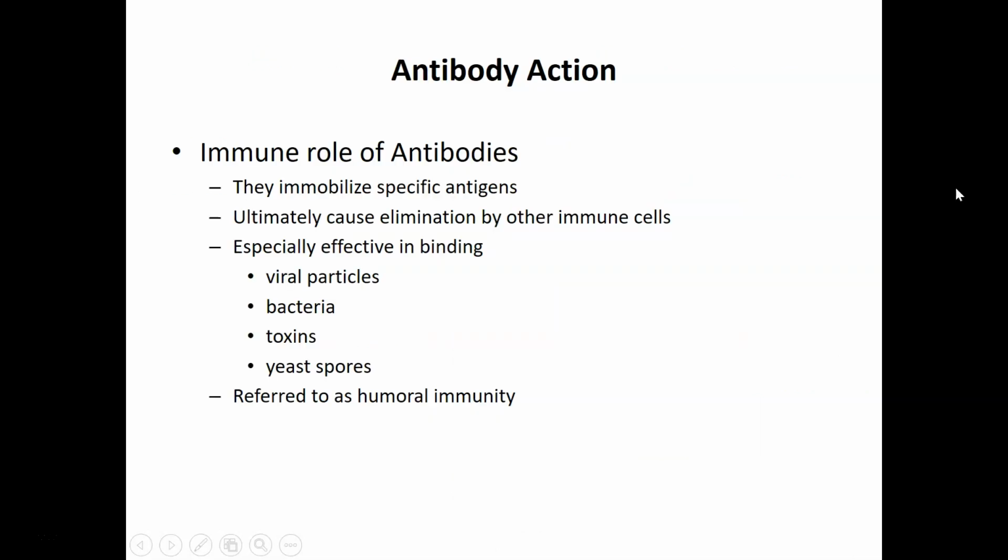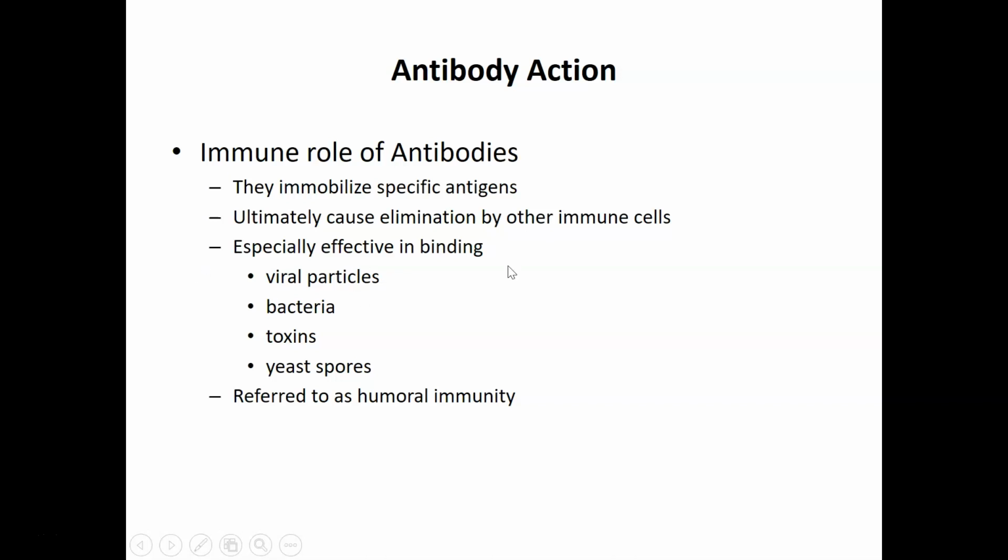All right, so the action of antibodies is either through binding to the foreign antigen through the variable region binding sites, or through the base of the stem region that's going to interact with other immune substances, either cells or proteins. Okay? When an antibody binds to a foreign antigen, it's going to immobilize that antigen. And it's going to tag it for elimination by other immune system elements.